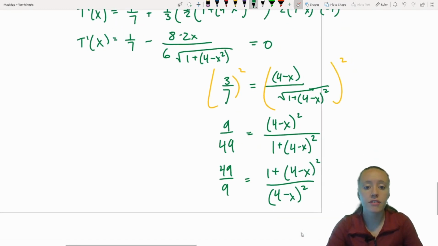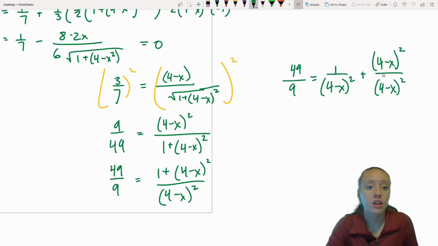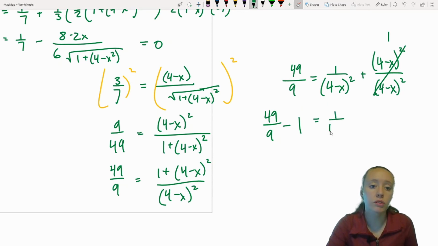So I'm going to have 49 over 9 equals 1 over (4 minus x) squared plus (4 minus x) quantity squared over (4 minus x) quantity squared. You can see that this will simply go to 1, and then I'll subtract it. So I'm going to get 49 over 9 minus 1 equals 1 over (4 minus x) quantity squared.